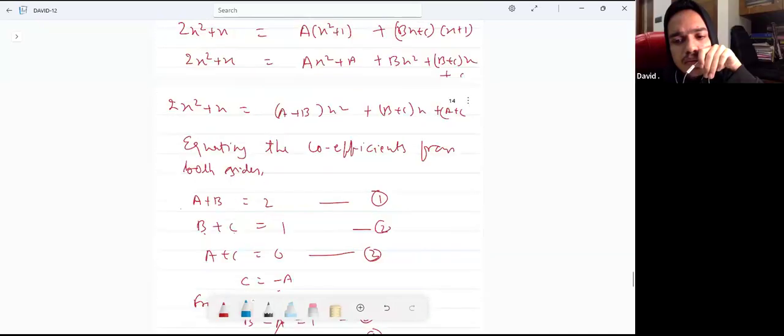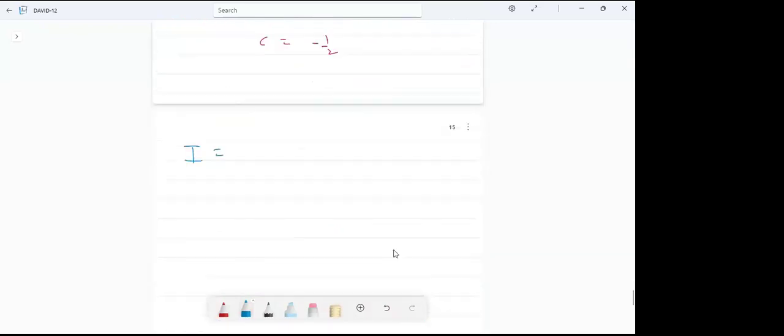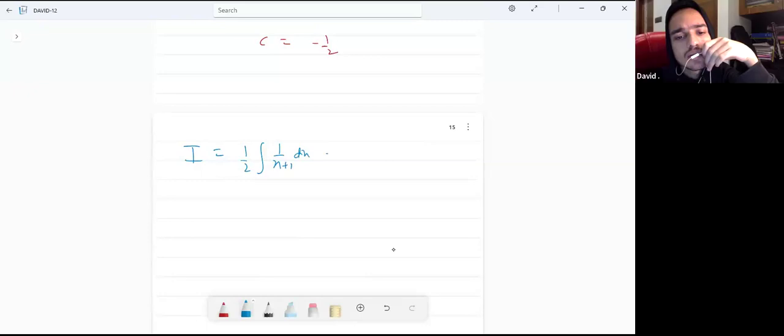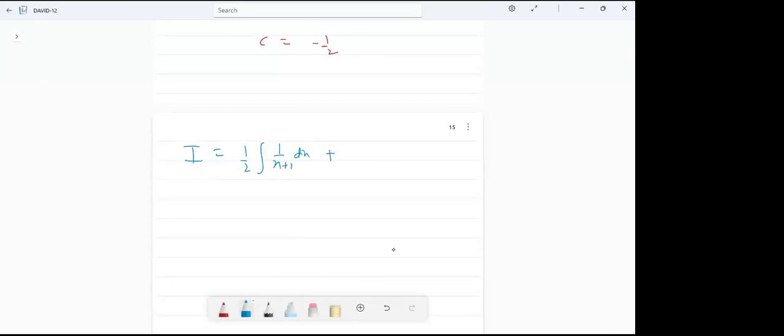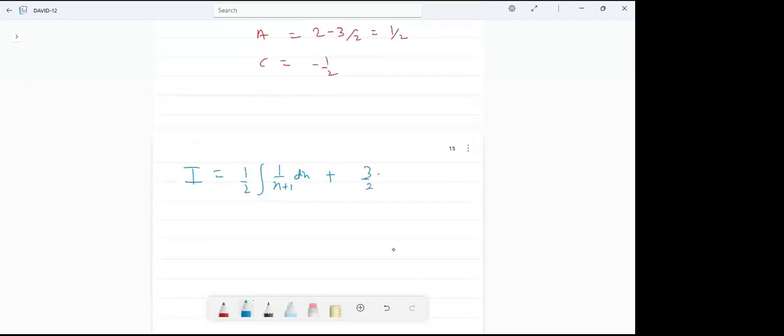A is 1 over 2, so take 1 over 2 outside, 1 upon x plus 1 dx, and plus bx plus c, b is 3 over 2, so 3 over 2 x plus c, c is negative 1 over 2, divided by x square plus 1. So the whole integration has been converted into this form, and it is very easy to find the integral of this.